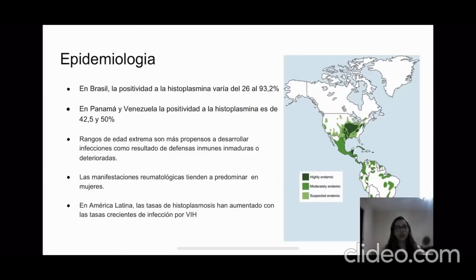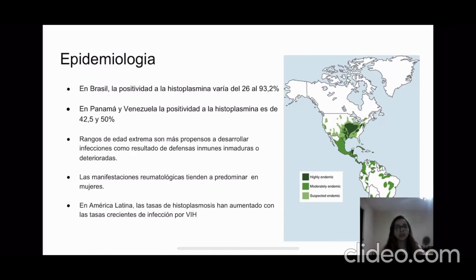Epidemiology. Histoplasmosis can affect individuals of any age, but those in extreme age ranges can develop the infection because of their immune defenses. Rheumatologic manifestations occur more in females. In Latin America, histoplasmosis has increased because of HIV infection.